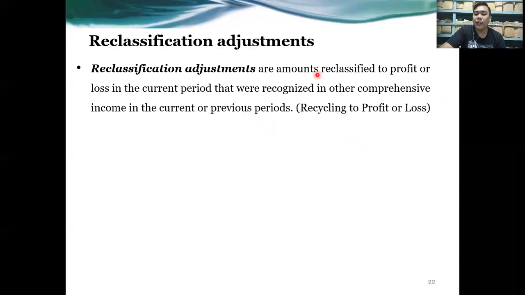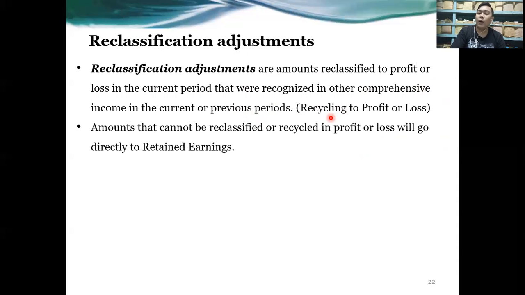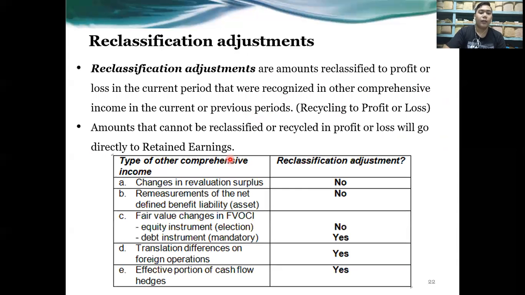Ako nang silingon sini, gina-recycle mo siya sa profit or loss. Amounts that cannot be reclassified or recycled in the profit or loss will go directly to retained earnings. So ano ang mga items dito sa inahatag ko na pwede ma-reclassify? When we say reclassify, the moment nga ma-realized gain mo na siya, pwede mo siya mabutang dito sa profit or loss.